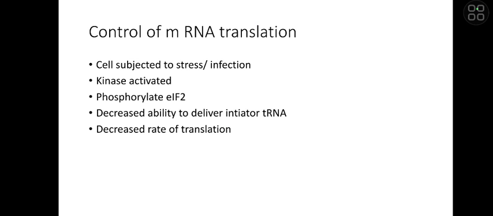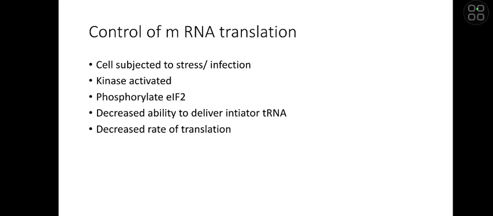Next is the control of mRNA translation. The mRNA translation is actually controlled by the translation factors, which we have already seen in the process of translation. So when a cell is under stress, such as heat stress or any infection, some kinases will be activated. These kinases phosphorylate EIF2, the eukaryotic initiation factor 2, which brings the tRNA to the translation machinery.